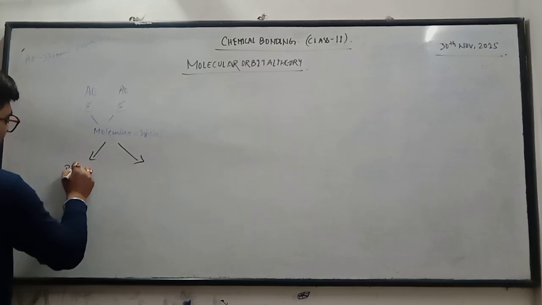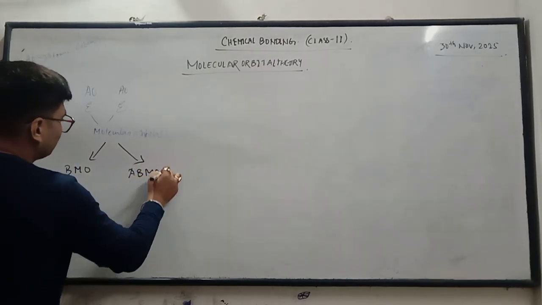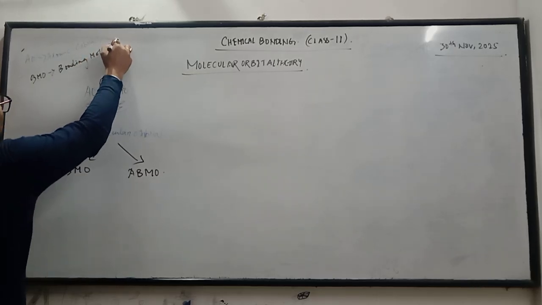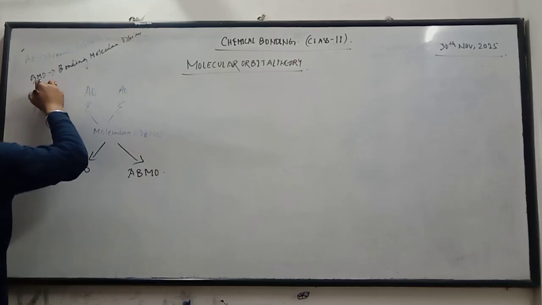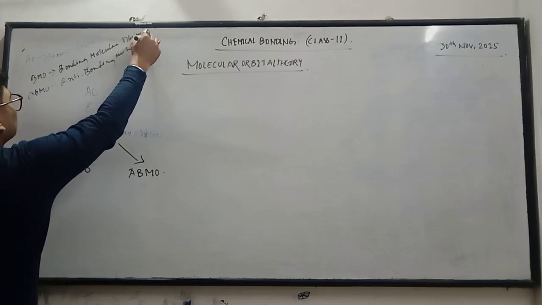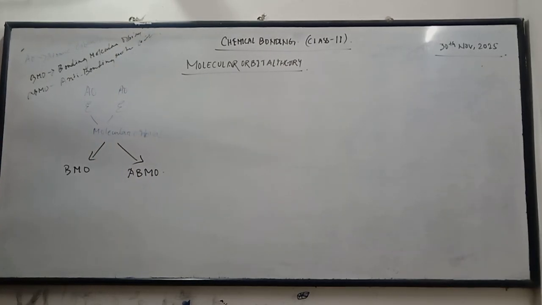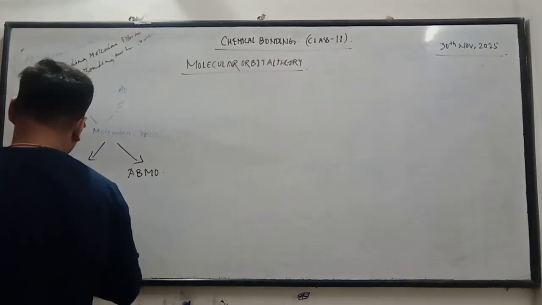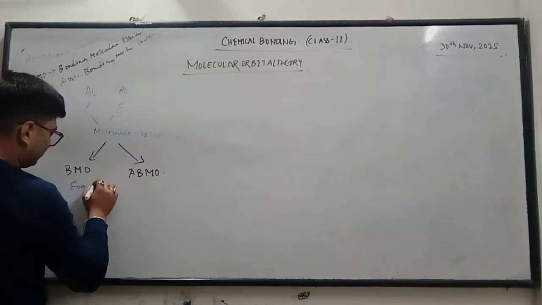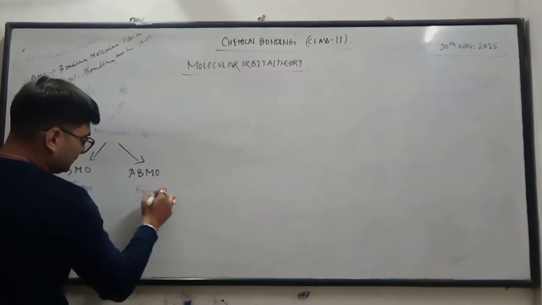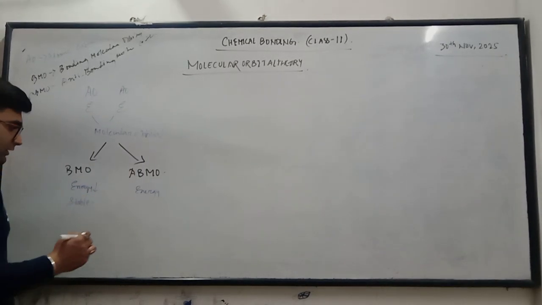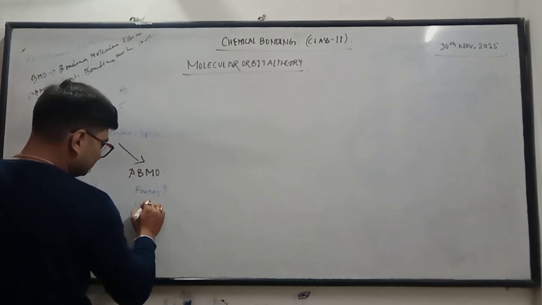The first part is known as BMO, the bonding molecular orbital, and the other part is known as ABMO, the anti-bonding molecular orbital. Both the bonding and anti-bonding molecular orbitals have energy. But in the bonding molecular orbital the energy is low and it is stable, while in the anti-bonding molecular orbital the energy is high, that is why it is unstable.